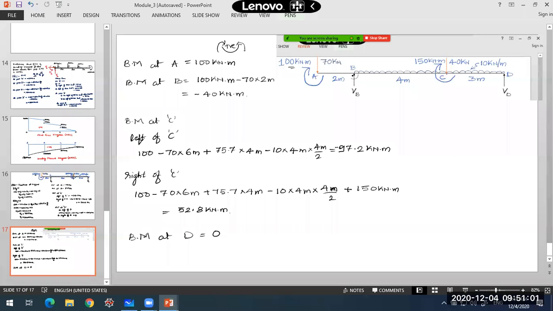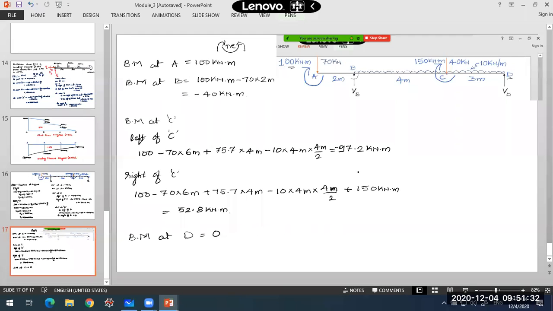At support D, the end hinge support of the beam, the moment will be 0. So directly I can write bending moment at point D is equal to 0. This will also serve as a check for you: take the sum of all the moments to the left of the section about point D, and you should get 0.